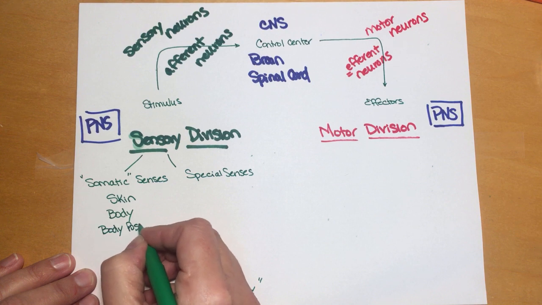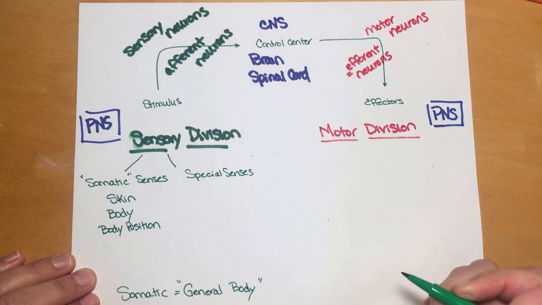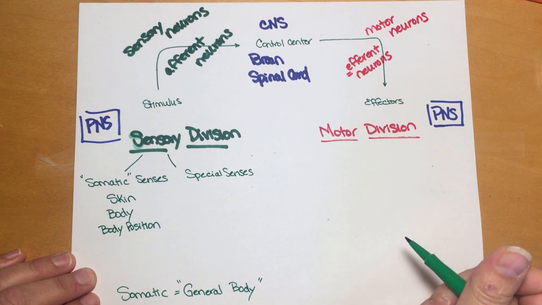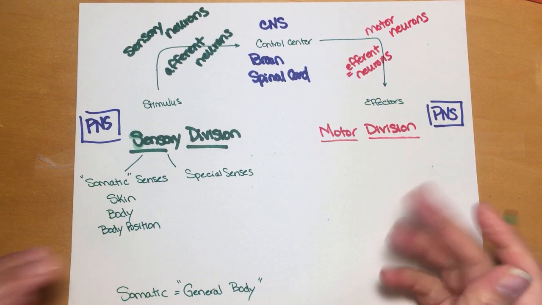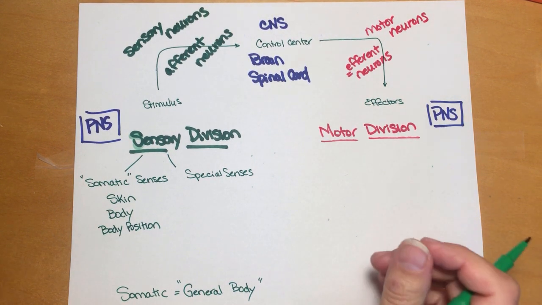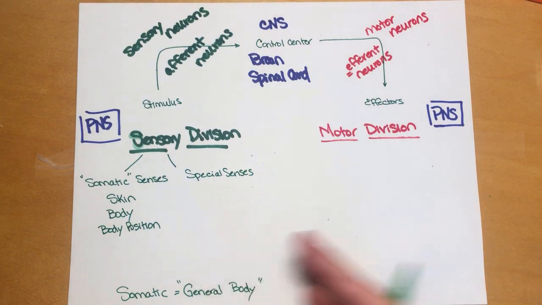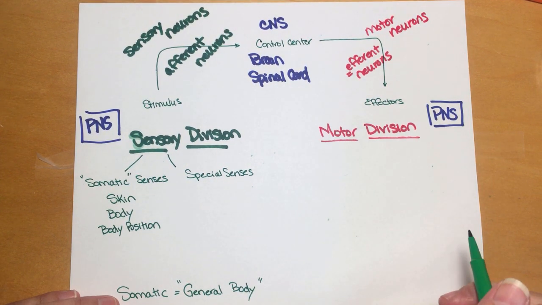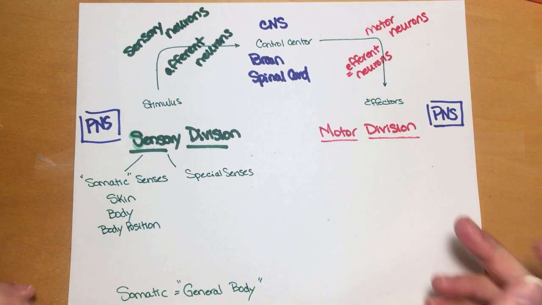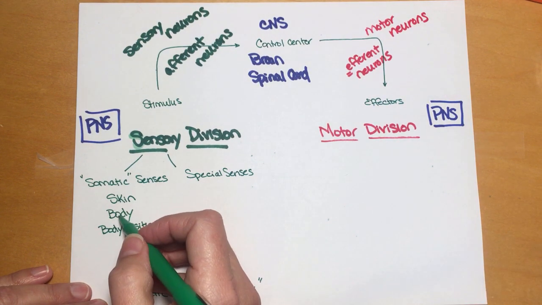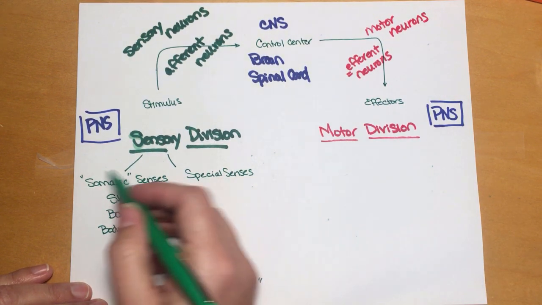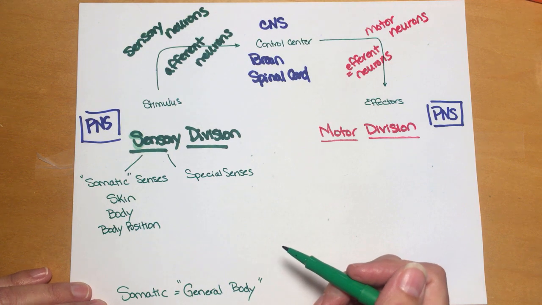So for example, if somebody were to grab you and throw you into a car with a hood over your head, even though you can't see anything, you still know whether you're upright. You still know how your limbs are oriented in relation to gravity and to the rest of your body. So the skin and the body and the position are all sort of your general body senses.